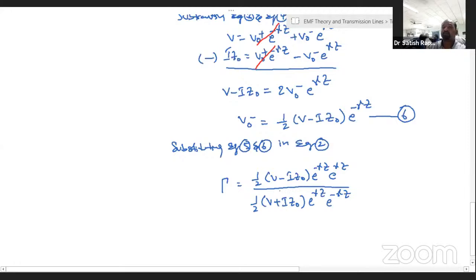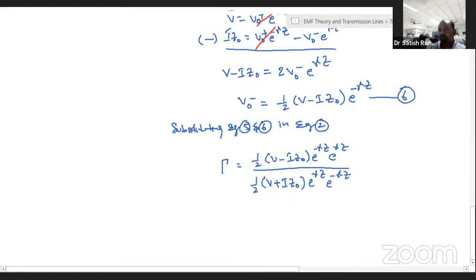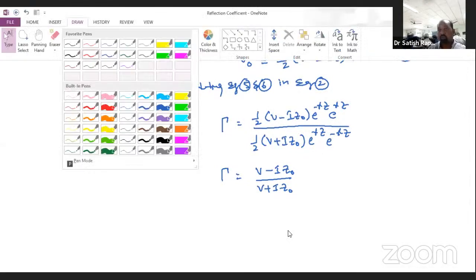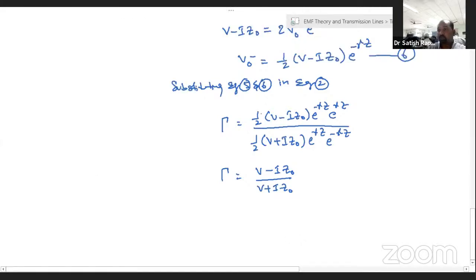Simplifying this, because the half terms and the exponential terms will get cancelled, the reflection coefficient is equal to (V minus I Z naught) divided by (V plus I Z naught).